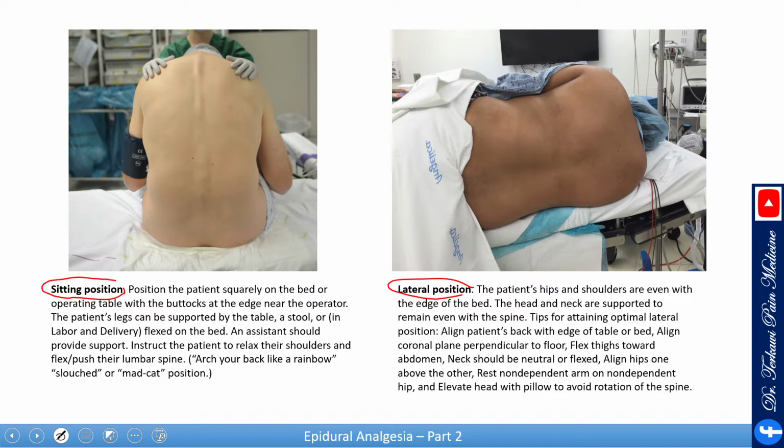And I tell them that 50% of the success of the procedure, if not more, really depends on them: how they sit, that they stand still. So spend a lot of time explaining to your patient the position and make sure they understand why, and that will save you a lot of time when you do the procedure.